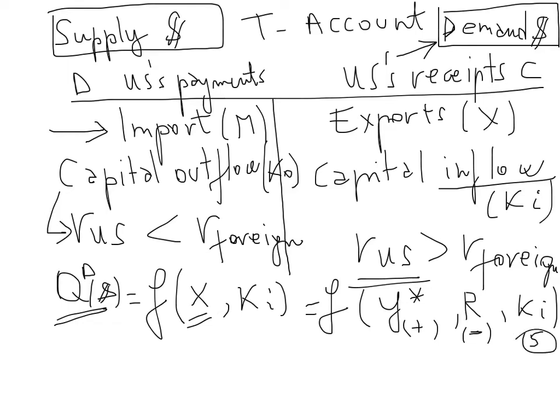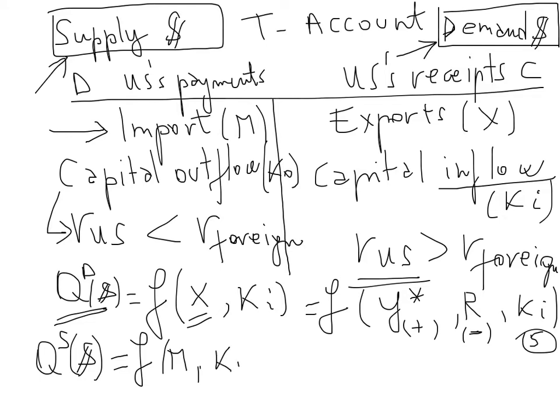And finally, quantity supplied for dollars is going to be a function of, now we look over here, supply of dollars. What do we have on this side? We have imports and capital outflow.